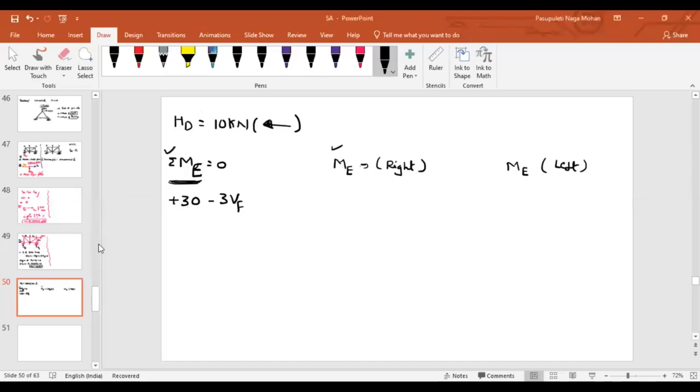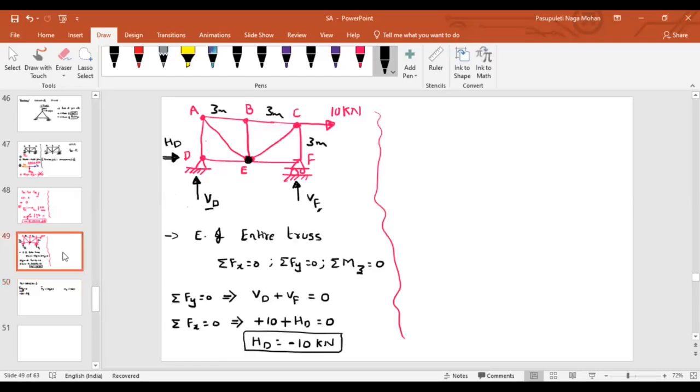Summation of moments at E, we have to look into all directions and then find the equation. But if I'm talking about simply moment, that means you should look into only one direction, always one direction. As I'm talking about summation, we have to look into all directions and see all possible moments.